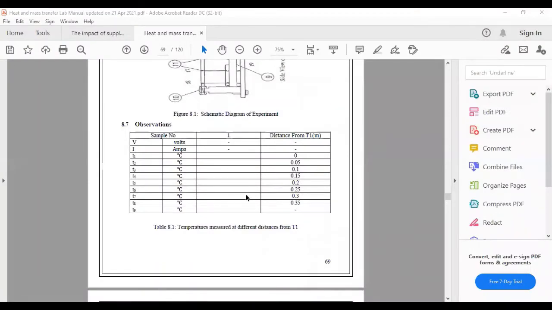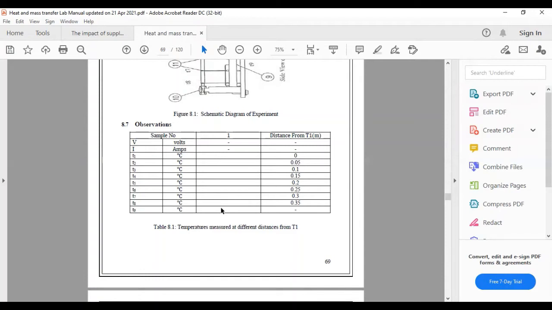Okay, we have got all the readings from the experiment, and this was the observation table. So for one value of voltage and current, we have got all the values of these temperature sensors T1 to T8, and this T9 is a sensor used for ambient temperature, the room temperature, which is generally taken from 25 to 30 degrees centigrade.